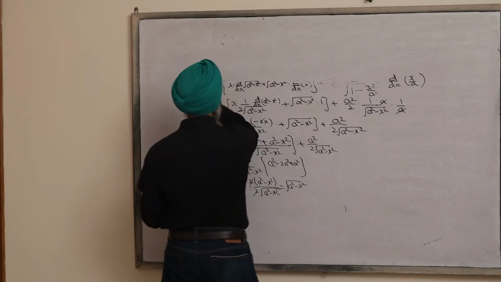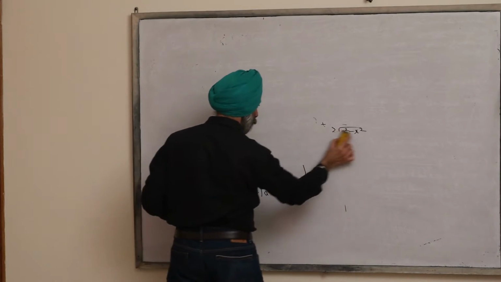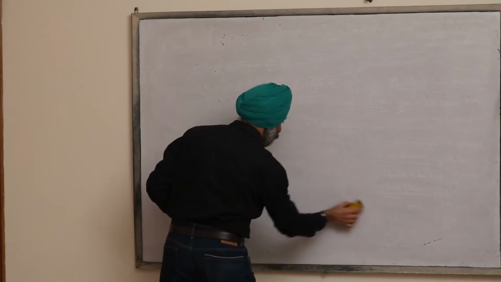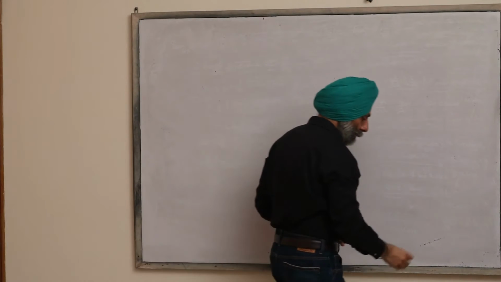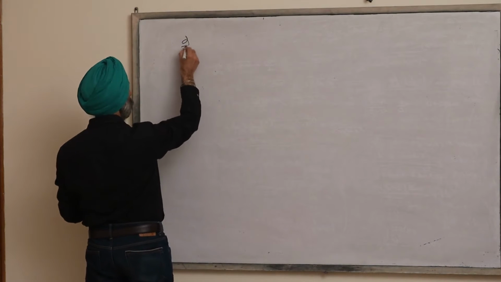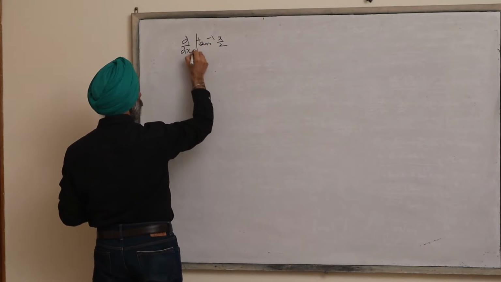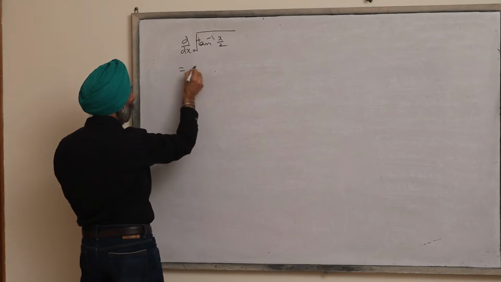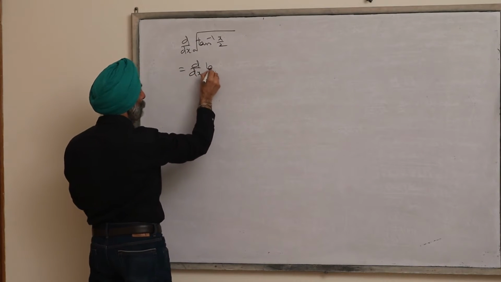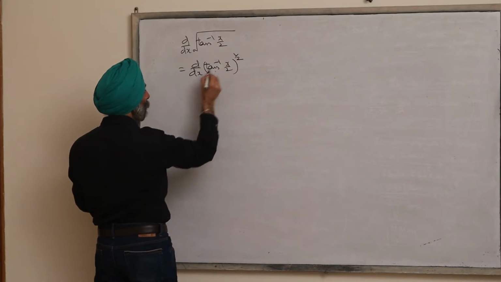Now next, say we have to find the differential of tan inverse of x by 2 under root. It can be written as d over dx of tan inverse of x over 2 raised to power half.